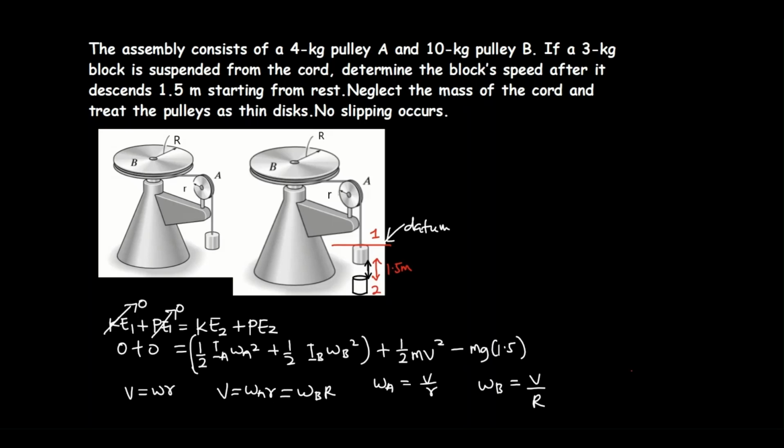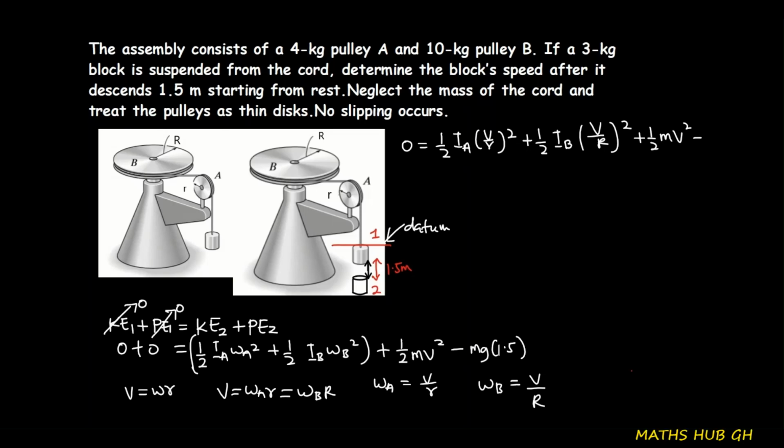So you're going to have 0 equals 1/2 I_A times omega_A squared, which is now (v over r) squared, plus 1/2 I_B times omega_B squared, which will now be (v over R) squared, plus 1/2 m v squared, minus mg multiplying 1.5.